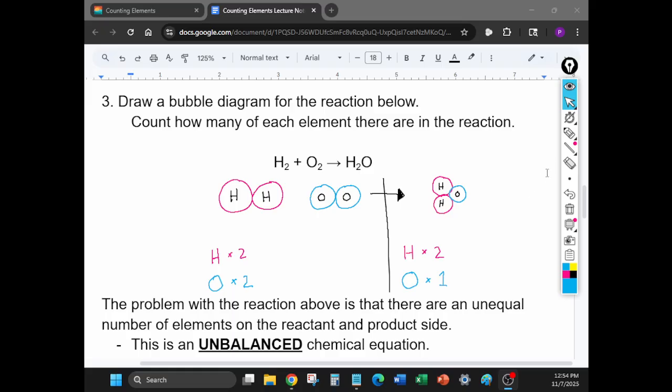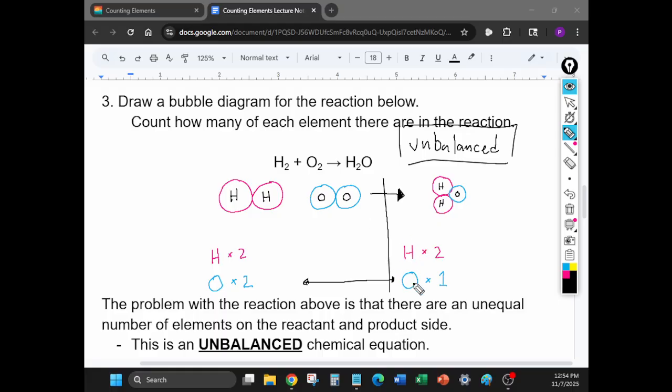Now, if you notice, there is something wrong with the count, right? There's the same number of hydrogens on both sides, but if you look at the oxygens, there's a different number of oxygens on the left and the right side. When there's a different number of even one element, we call this an unbalanced equation. So just jot that down on your paper and maybe box it: this is an unbalanced equation.